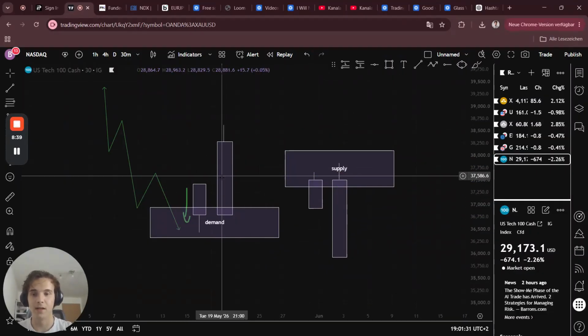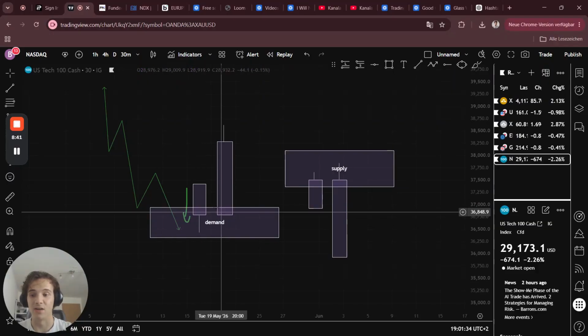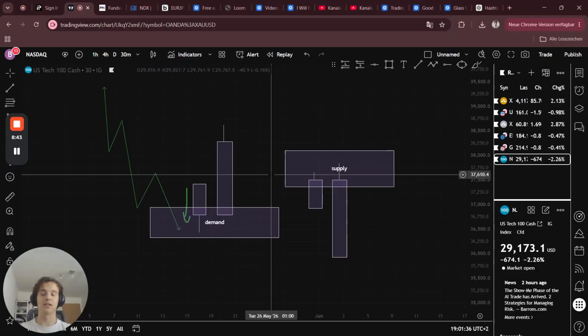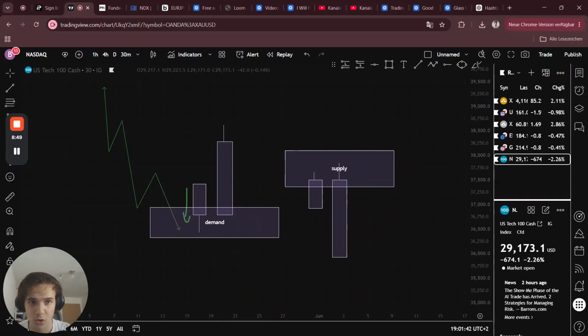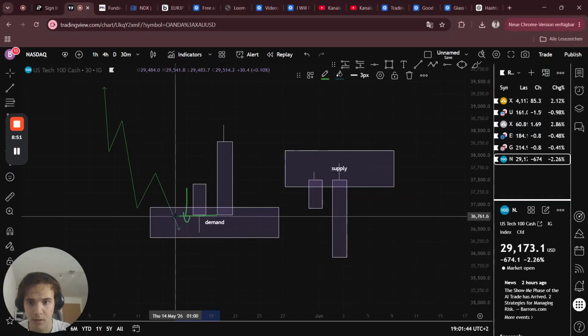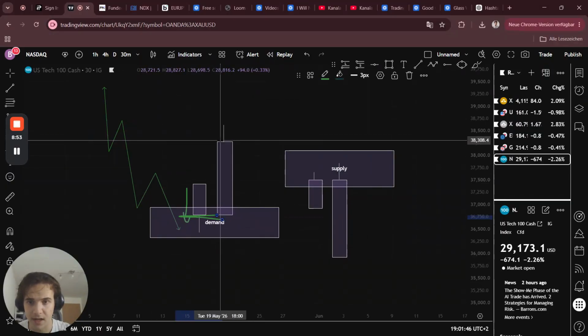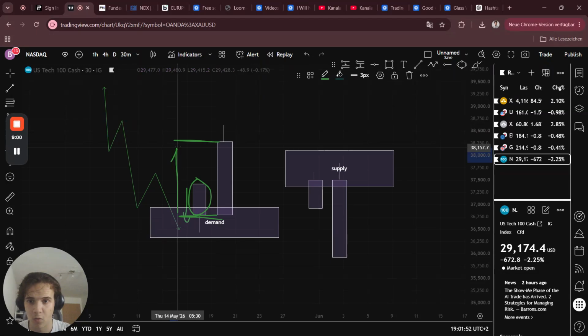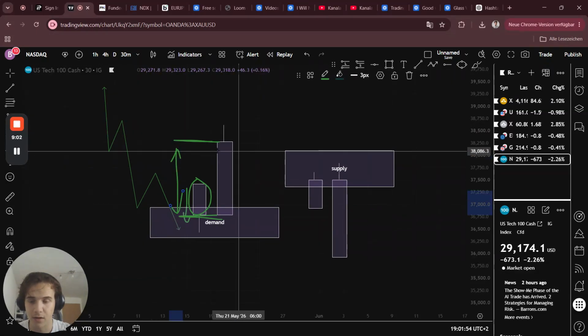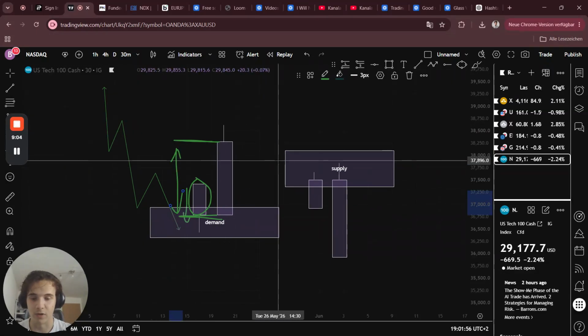Okay, this candle right here engulfs, so it encloses the candle before. So it just completely swallows this candle's body. So the body of this candle is completely within the range of this candle following, right?